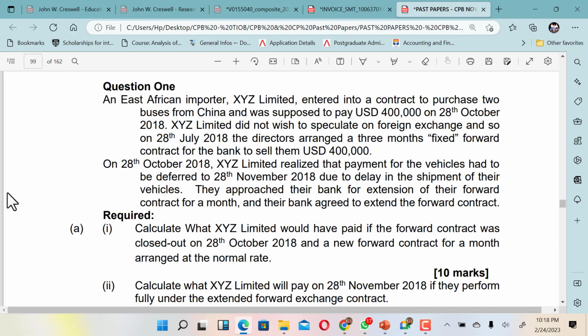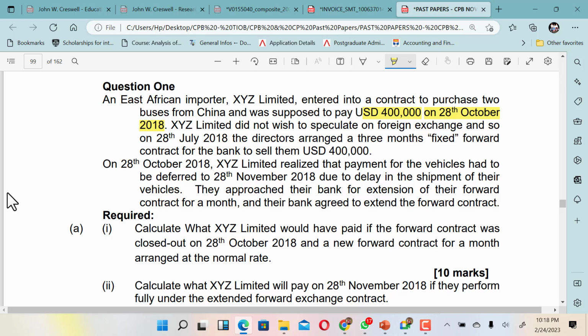Now, let's use this question to practice closeout of the forward contract. An East African importer XYZ Limited entered into a contract to purchase 2 buses from China and was supposed to pay a total of 400 USD on 28th of October 2018.